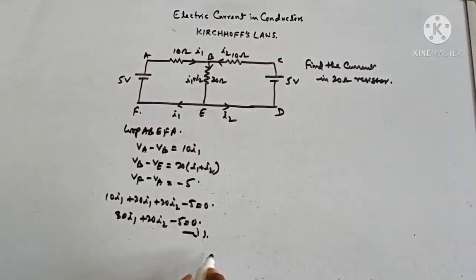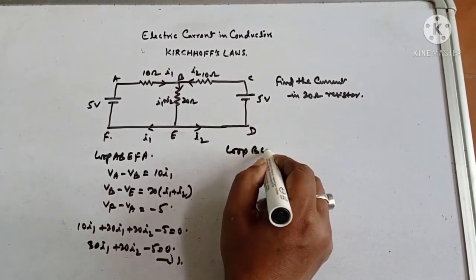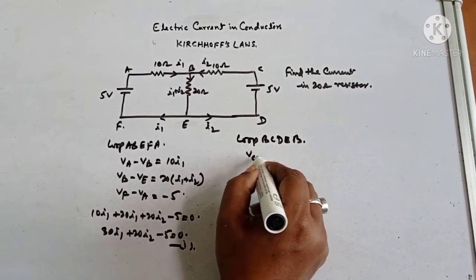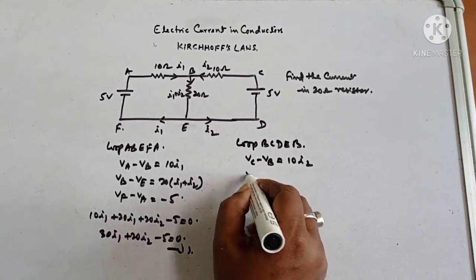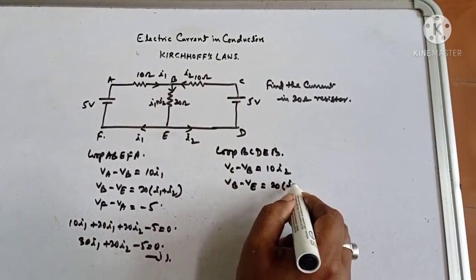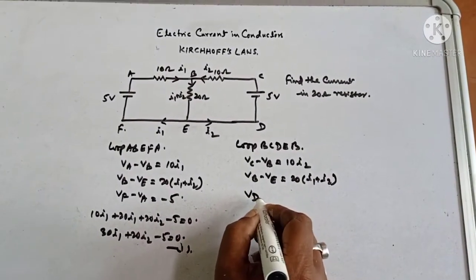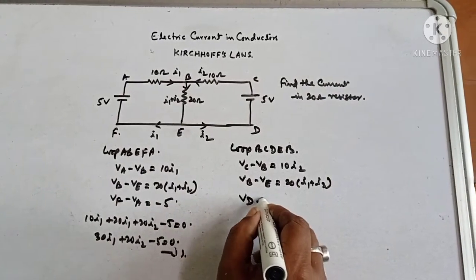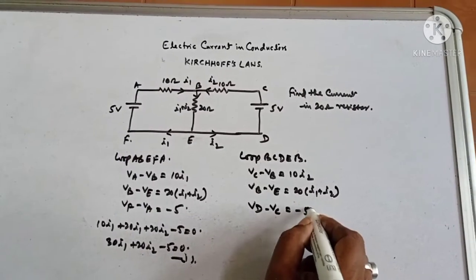Now again we take this loop B, C, D, E, B. Here again you see VC minus VB is equal to 10 I2, and VB minus VE is equal to 20 bracket I1 plus I2, and VD minus VC, that is lower to higher, so this is minus 5 volt.